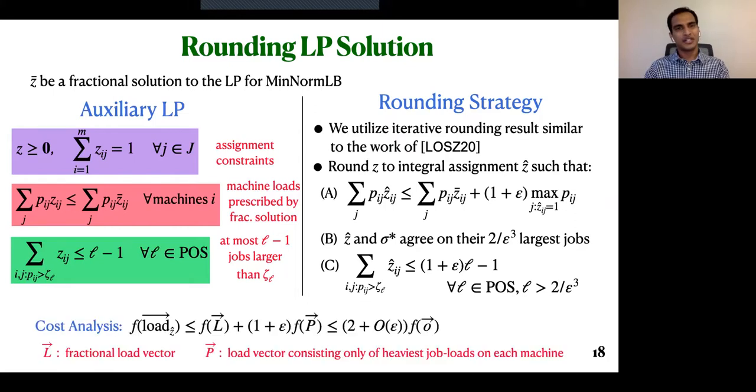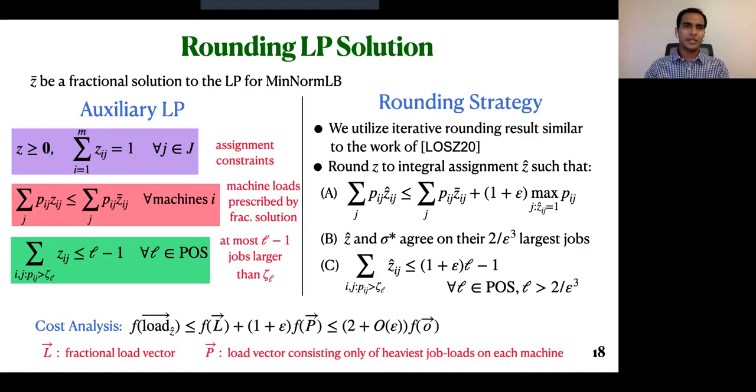The integral solution Z hat is a 2 plus epsilon approximate solution because we can split the load vector induced by Z hat into 2 parts. One of the parts, which we call P, simply consists of the heaviest job on each machine. The other part is everything but the heaviest job.